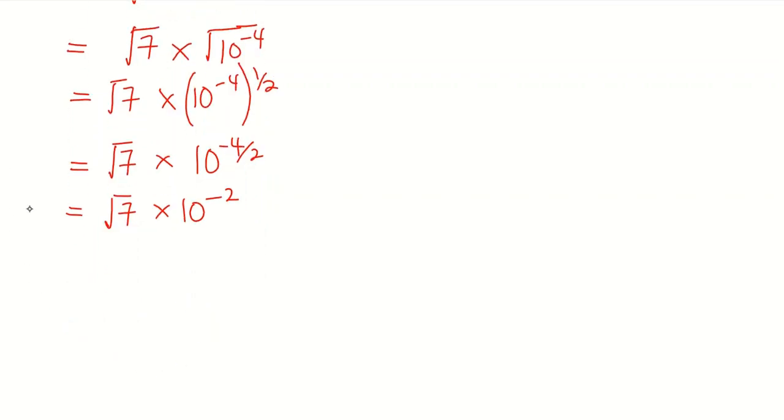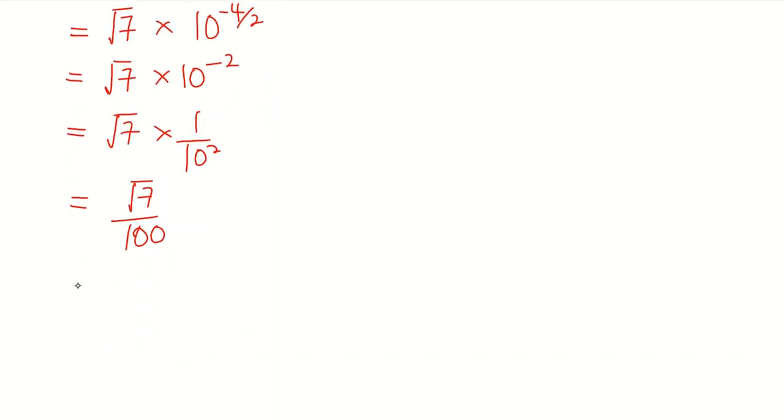Now, this 10 exponent minus 2 in indices can be written as 1 out of 10 exponent 2, which means we have 7 times 1 out of 10 exponent 2. So we can multiply these two and have square root of 7 divided by 100, because we know 10 exponent 2 to be 100.